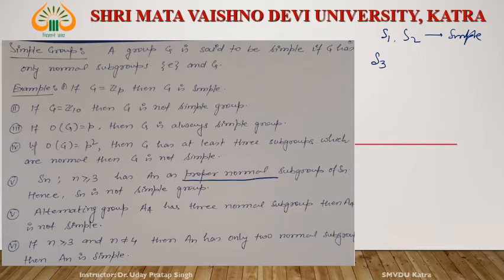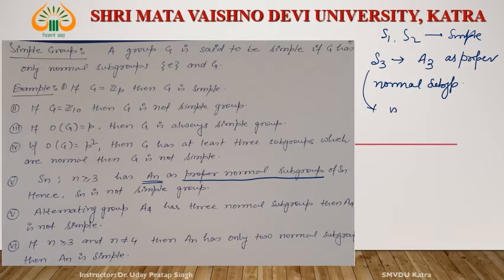A proper normal subgroup of Sn is An. S3 has A3 as a proper normal subgroup. Then this S3 is not simple.